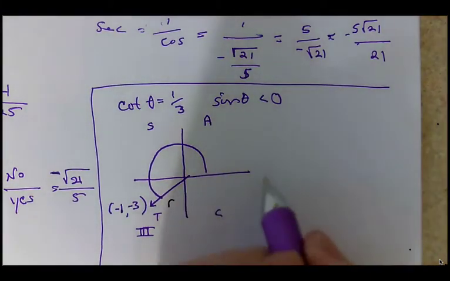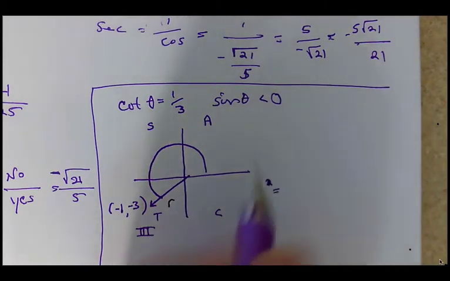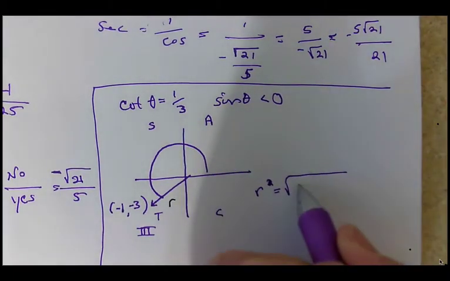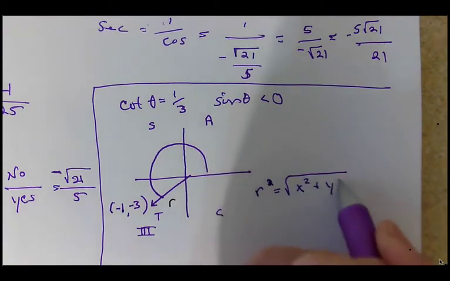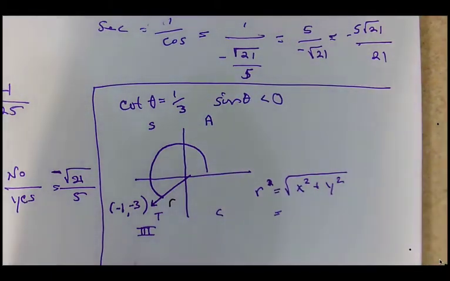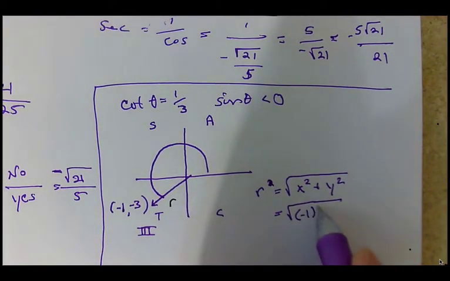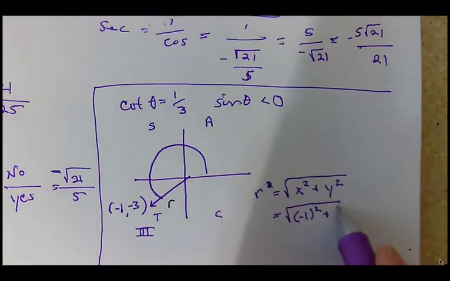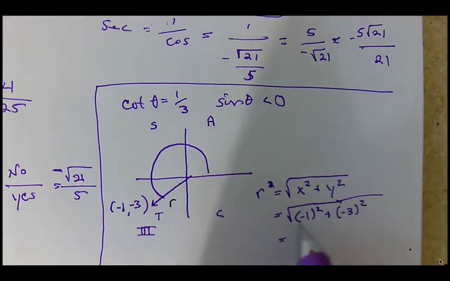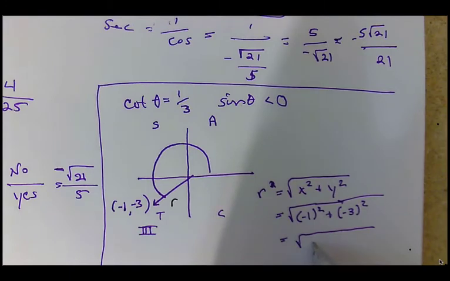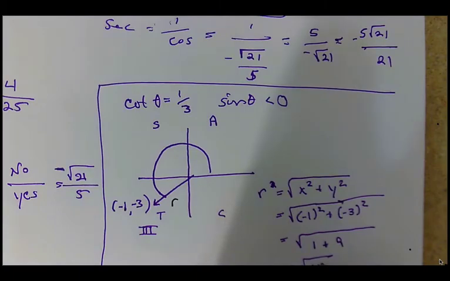Well, like we've said before, r is equal to the square root of x squared plus y squared, which is equal to the square root of -1 squared plus -3 squared. So we have 1 plus 9, which is equal to 10.